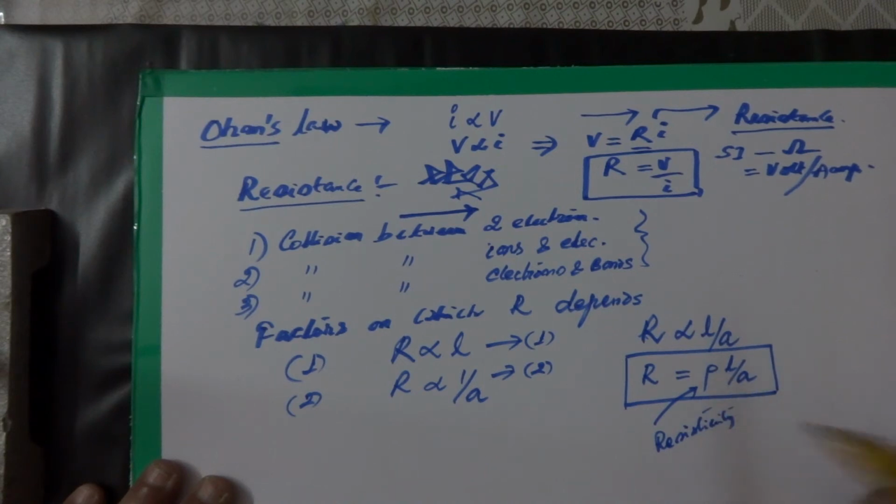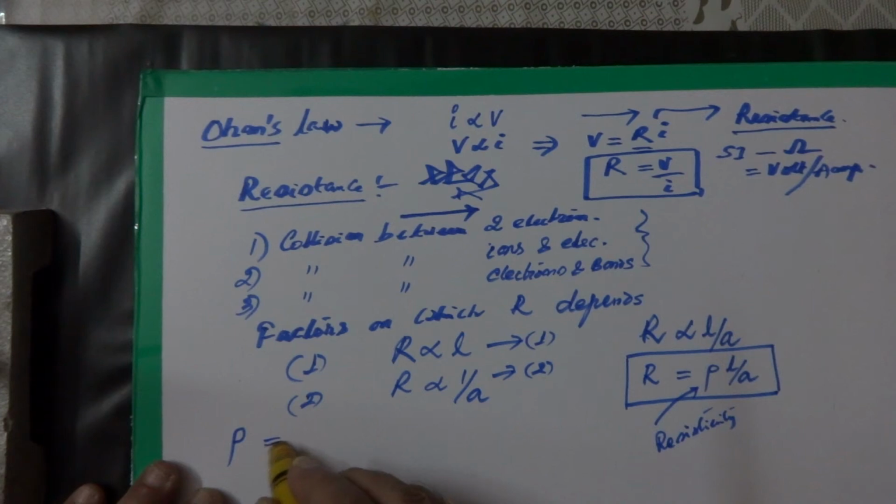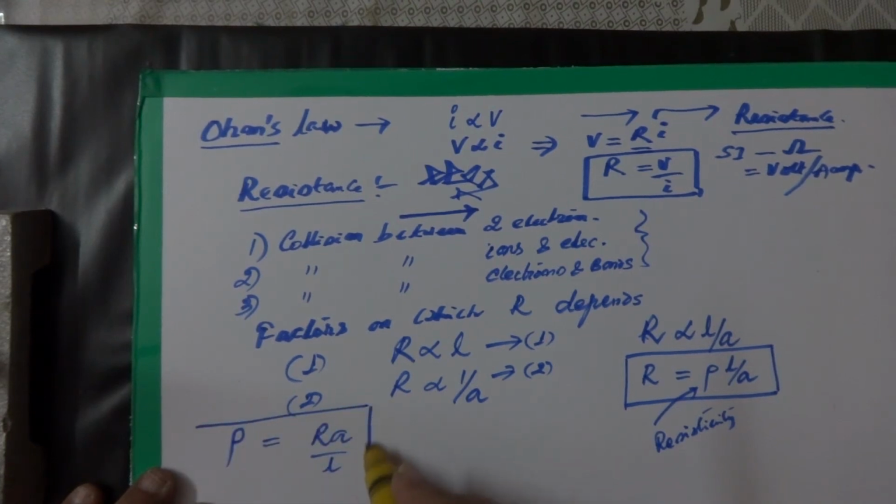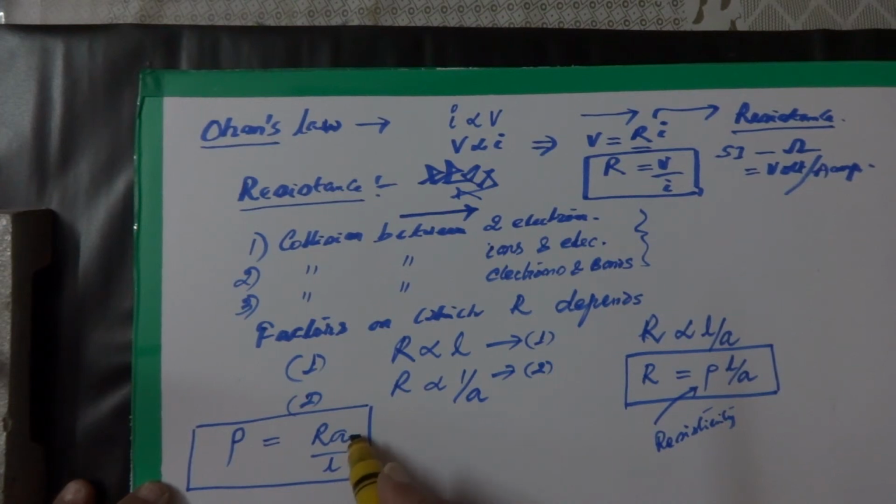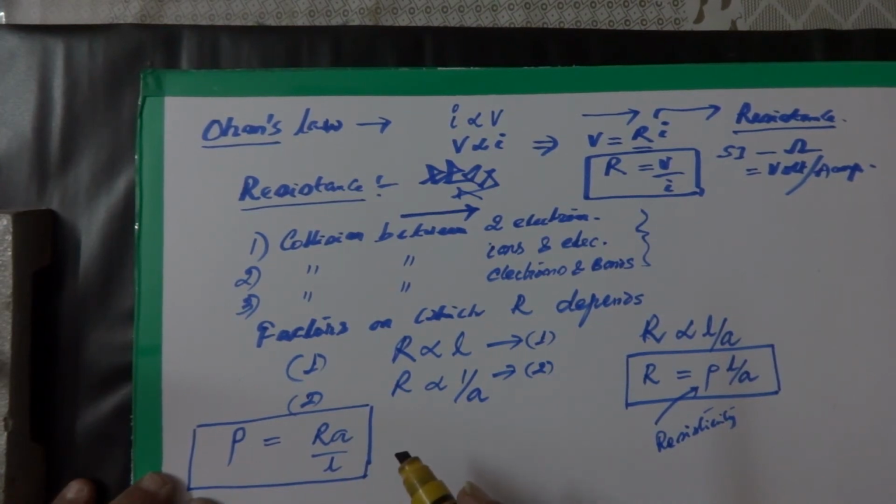Now how do we define specific resistance? So specific resistance is nothing but RA by L. It is easy to define the specific resistance if you make the value of A and L to be 1.